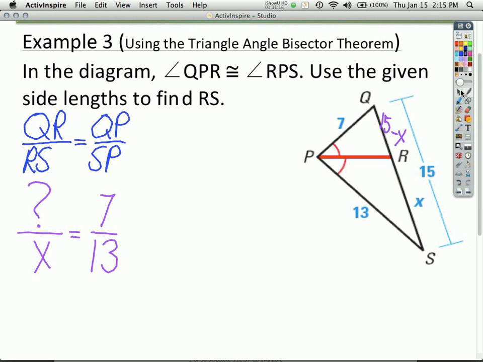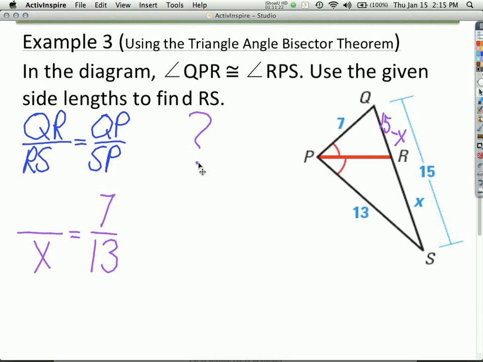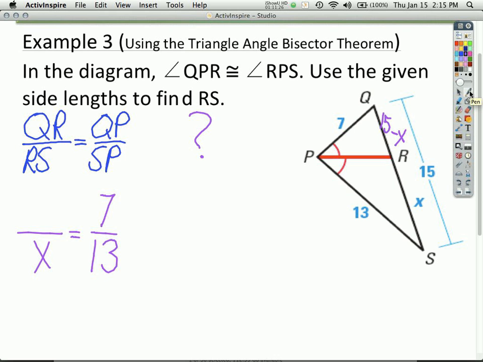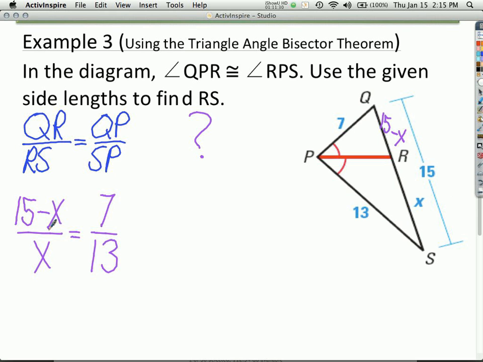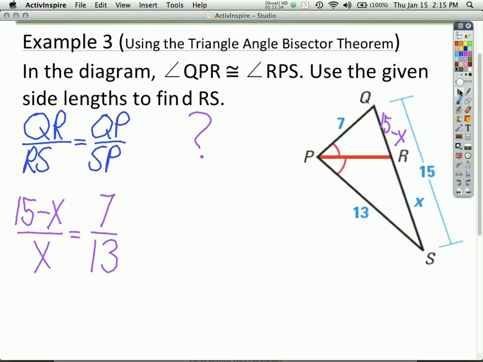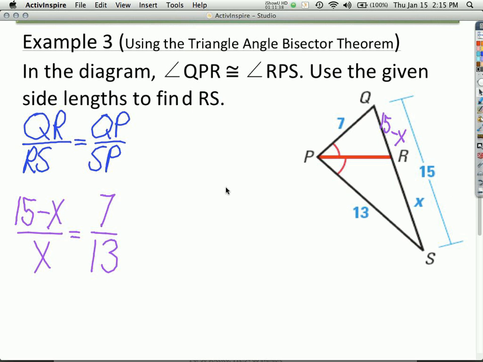And she also said beautifully, if you replace this question mark that she wrote with 15 minus x, then you can actually solve to find the missing piece of information. I'm not saying that that was easy, but if you think about the logic behind it, it's something that you've known for a while.